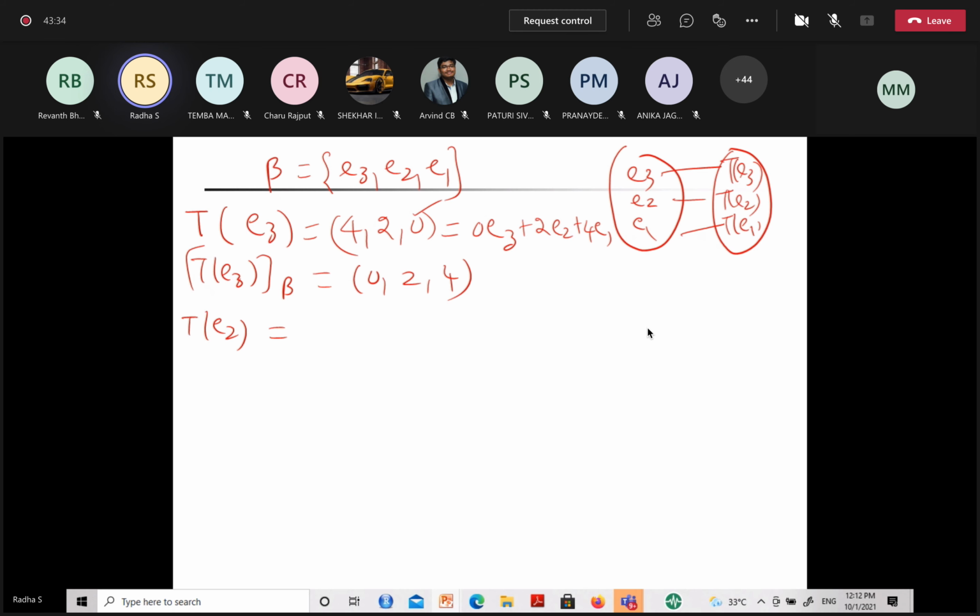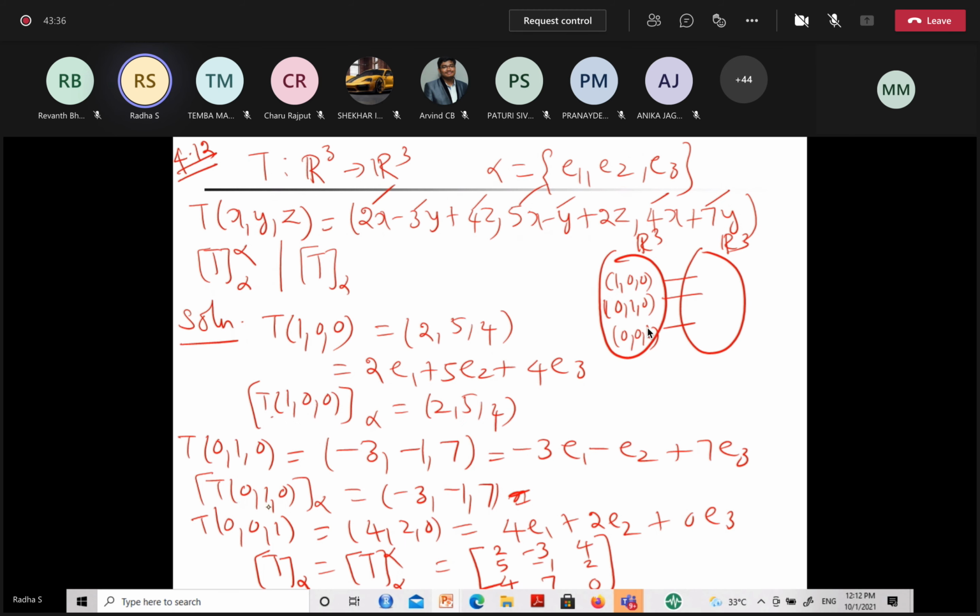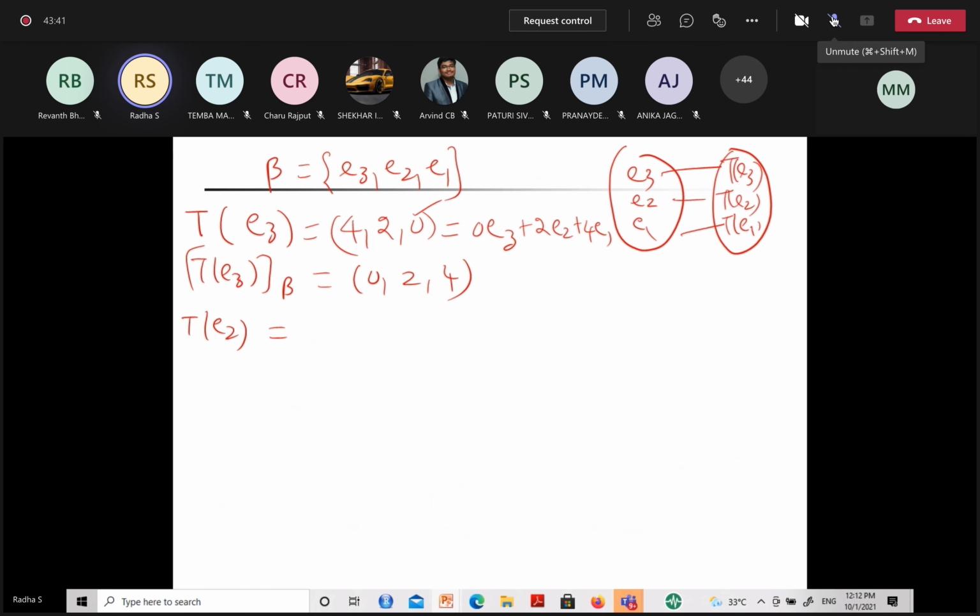Then find T of E2. What is T of E2? You can copy, you already calculated. This one, right? Minus 3, minus 1, 7. But this should be written in terms of first E3, E2, E1. Can you say how to write? It's 7, minus 1, minus 3.